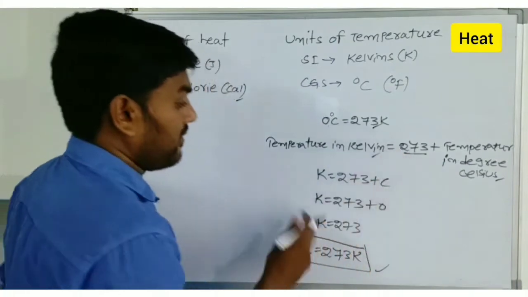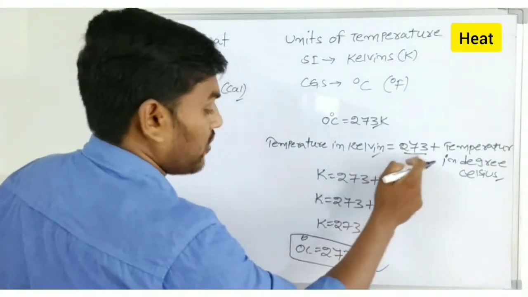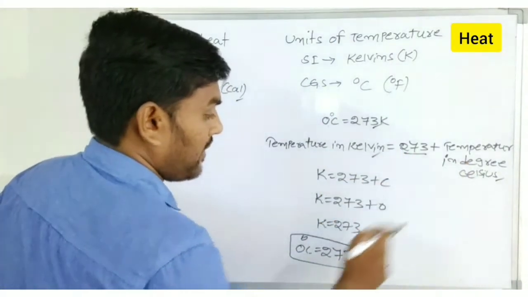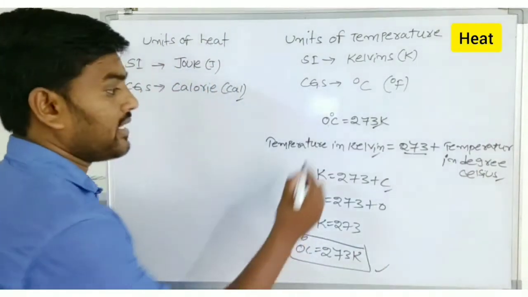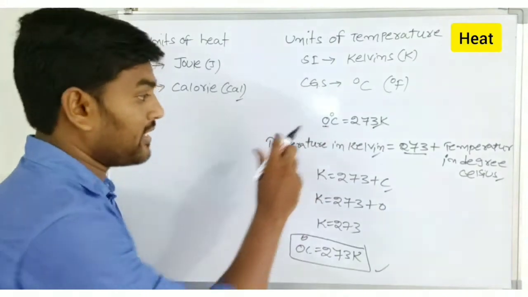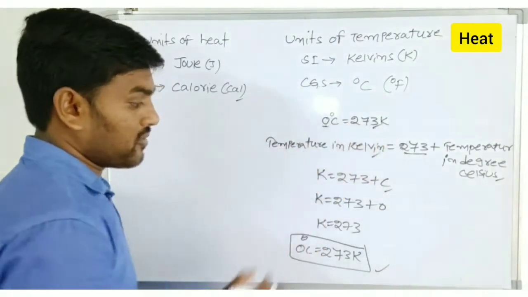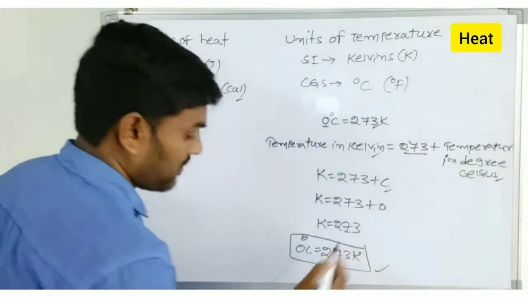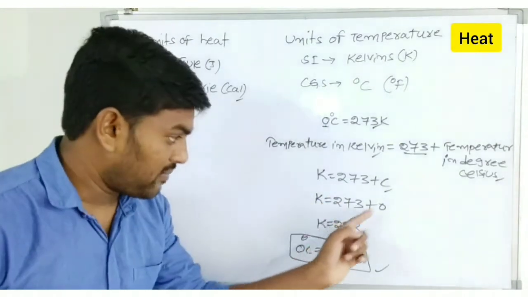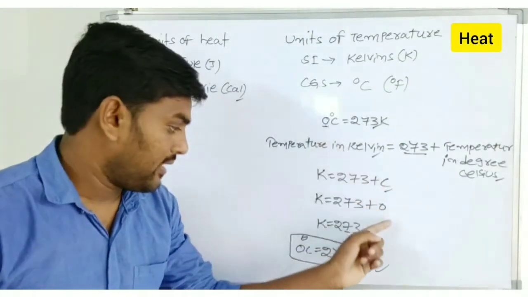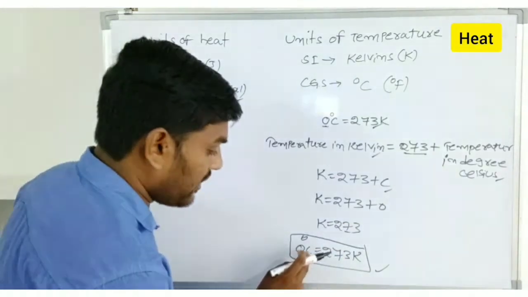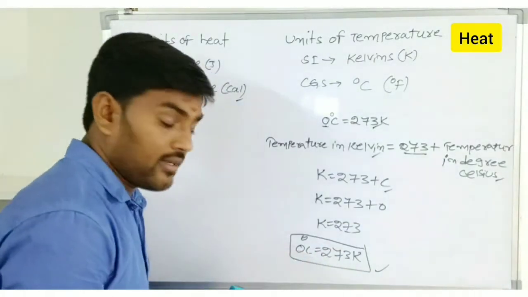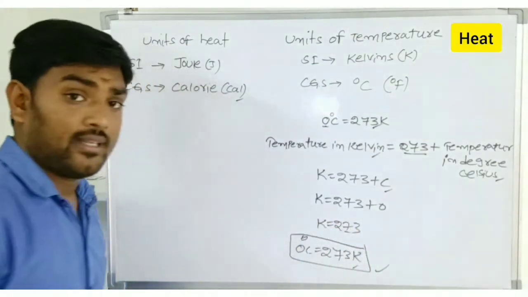Temperature in Kelvin K is equal to 273 plus temperature in degree Celsius. So K is equal to 273 plus 0. So K is equal to 273, because 0 degree centigrade is 273 Kelvin. So the final answer is 273 Kelvin.